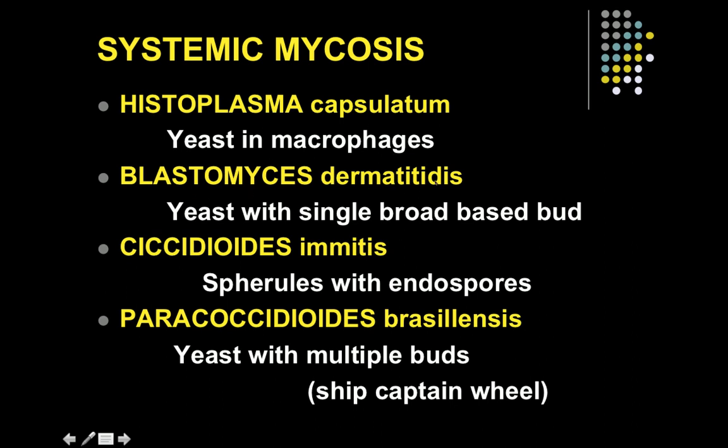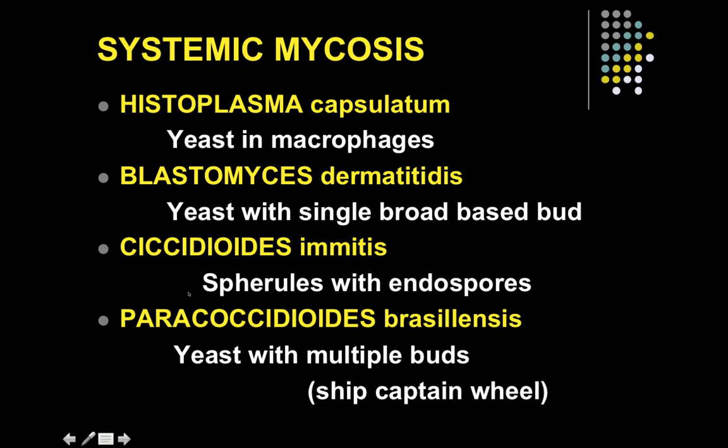Blastomyces dermatitidis I have already done with you while I was doing Cryptococcus neoformans, and I told you these yeasts have a single broad based bud as compared to Cryptococcus, which are yeast with single and narrow based bud. Coccidioides are going to result in formation of spherules.